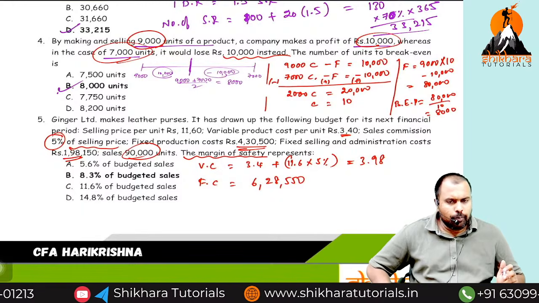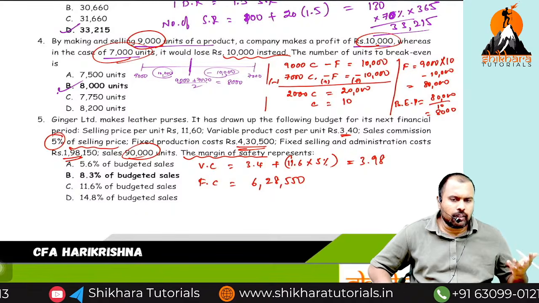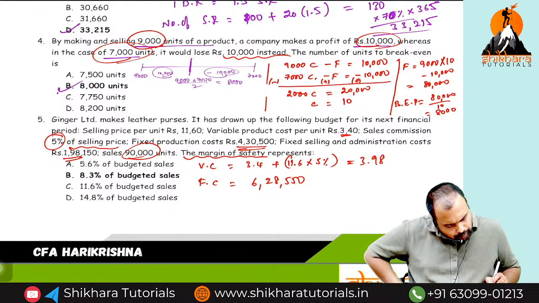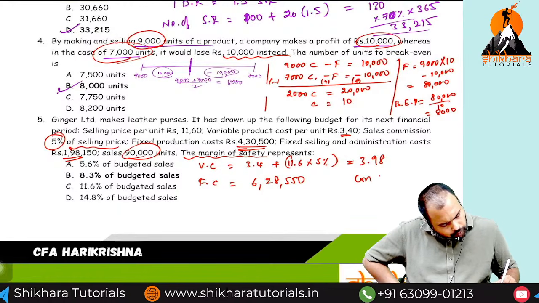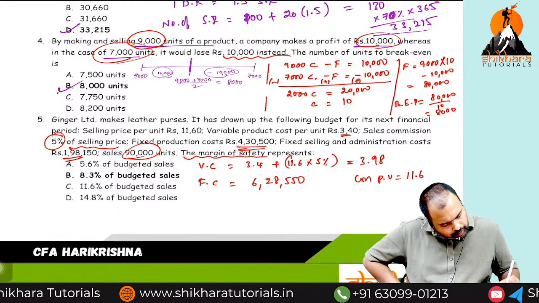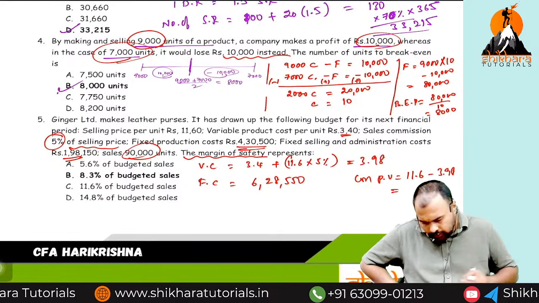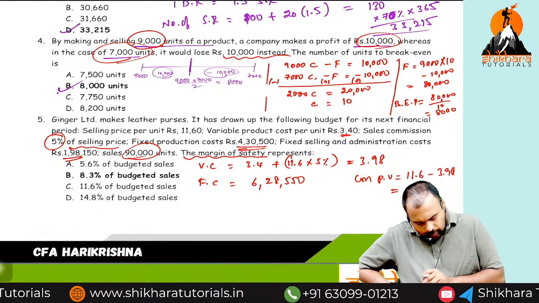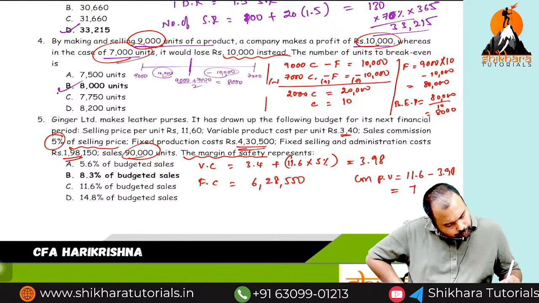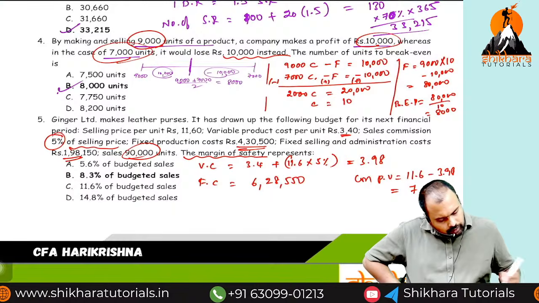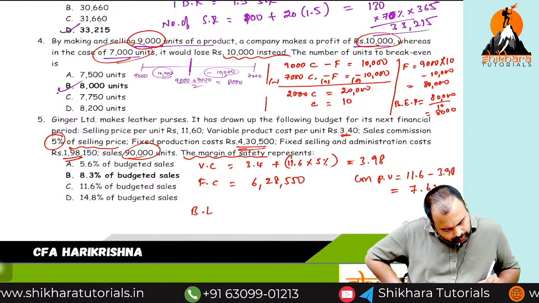So let's find out break even sales, then we are going to get the margin of safety. Contribution per unit is equal to 11.6 minus 3.98, which is 7.62. Clear? Then how many units?